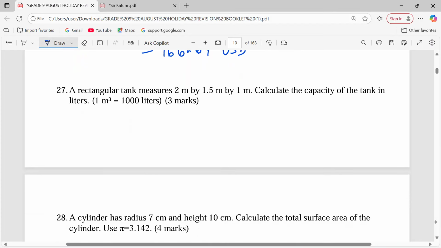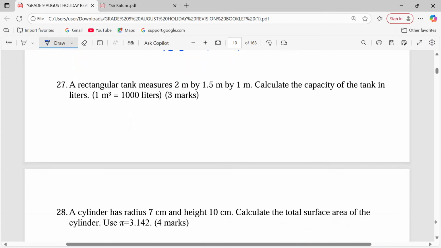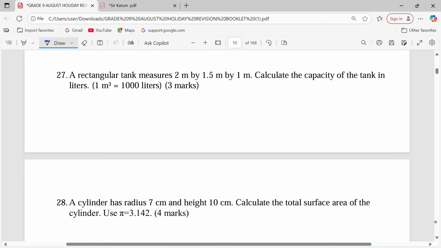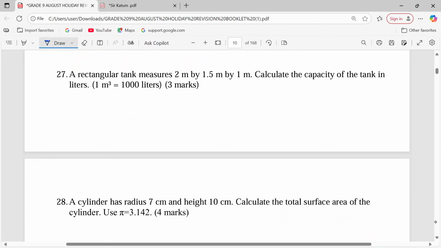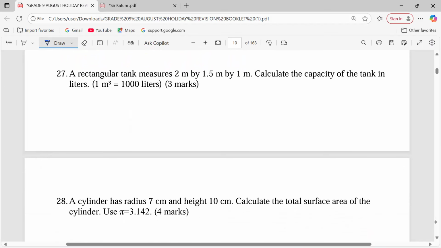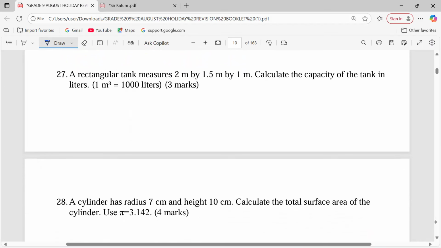In number 27, the question is simply saying that a rectangular tank measures 2 meters by 1.5 meters by 1 meter. Calculate the capacity of the tank in liters. Capacity of the tank means we first get volume, length times width times height. 2 times 1.5 times 1 will give us 3.0 meters cubed.